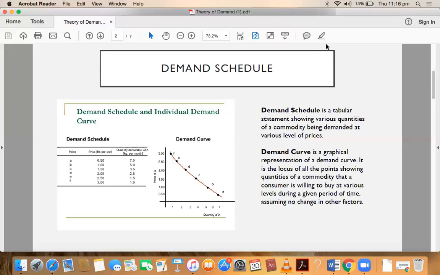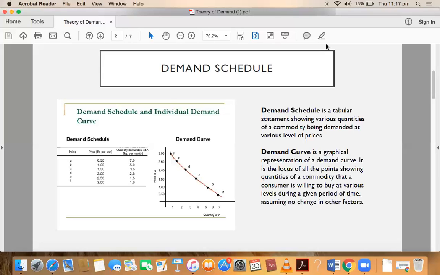Now we are going to study the definition of demand schedule. Demand schedule is a tabular statement showing various quantities of a commodity being demanded at various levels of prices, as you are seeing in this demand schedule. And demand curve is a graphical representation of a demand schedule.